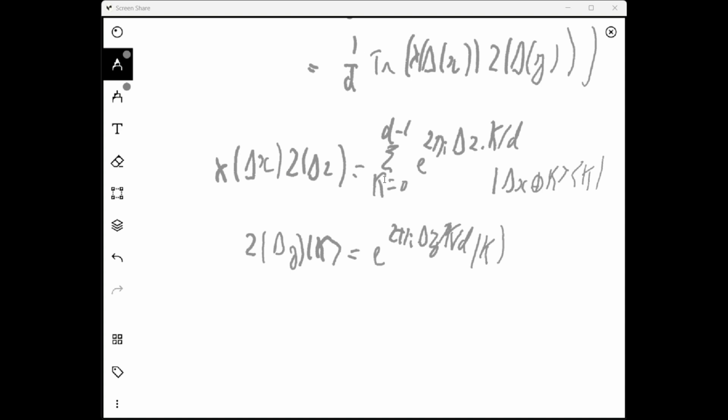So if you calculate the trace of this, you just find if x1 is different from x2, the trace is 0, and if x1 is equal to x2, we have the trace.